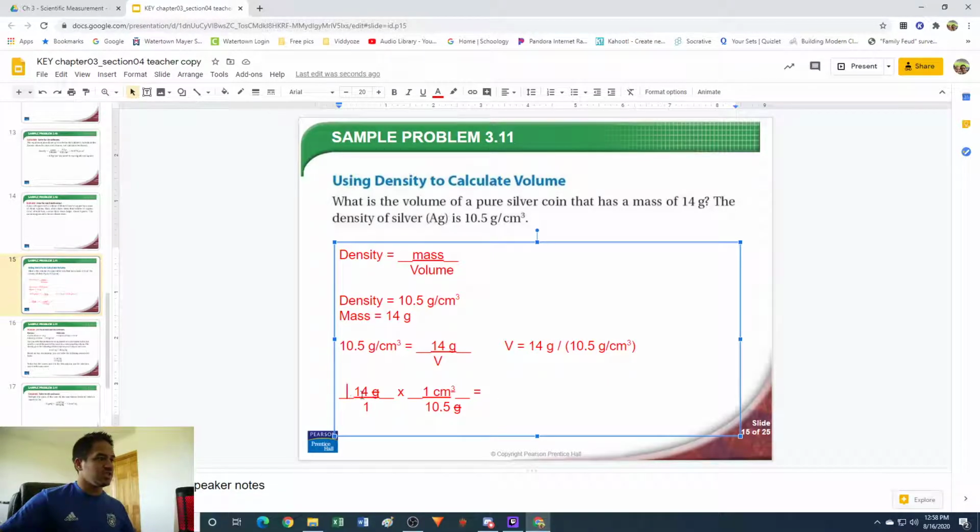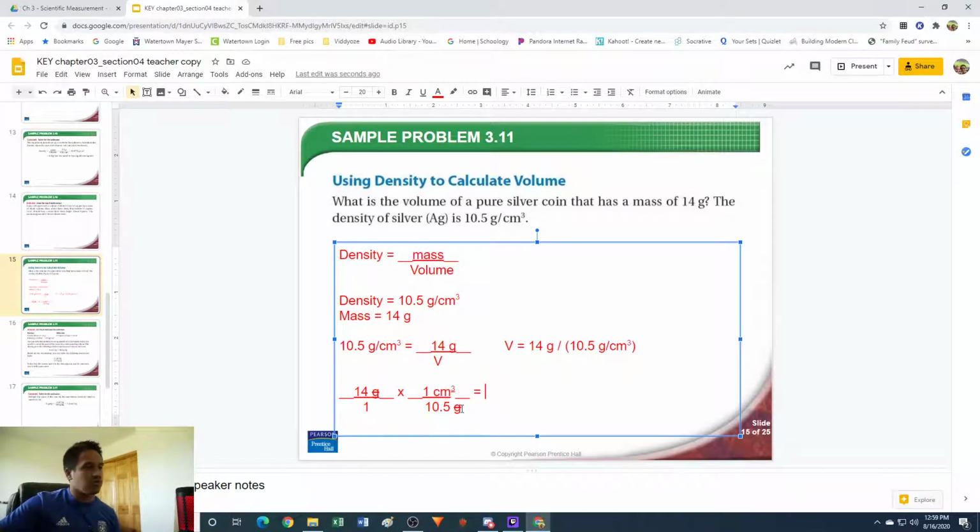And if we do it this way, in our calculator, we take 14 divided by 10.5. So we get literally the exact same answer, and the math you're doing is exactly the same. It's just 2 different ways to do it. If you're an equation person and you're good at moving variables and doing algebra, then you can do it this way. If you like dimensional analysis, you can do it this way.